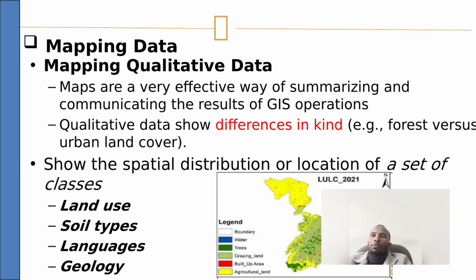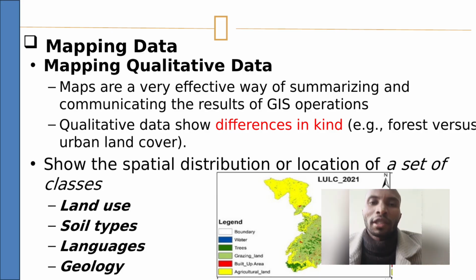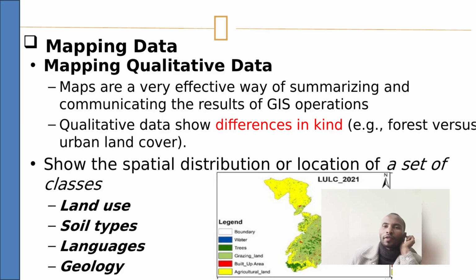Now we are going to proceed to mapping qualitative and quantitative data using GIS software. And having this, what do I mean by mapping qualitative data? Maps are very effective ways of summarizing and communicating the results of GIS operations, as you know. Qualitative data shows the difference in kinds.